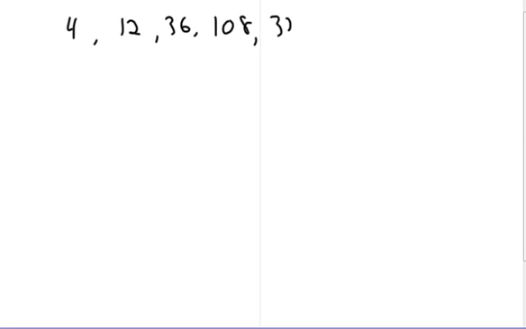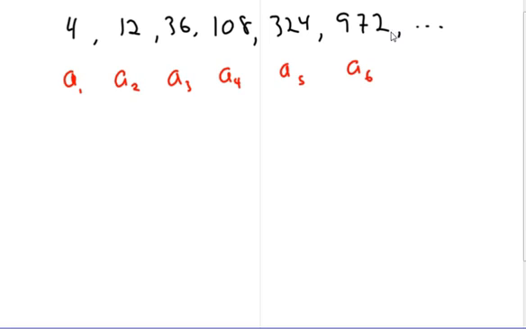All right. One more analysis here, sort of creating another formula. So I'll go ahead and extend this sequence out to the 6th term, 972. So we have 4, 12, 36, 108, 324, and 972. Geometric sequence, there we go.